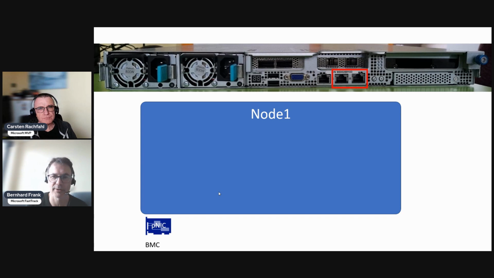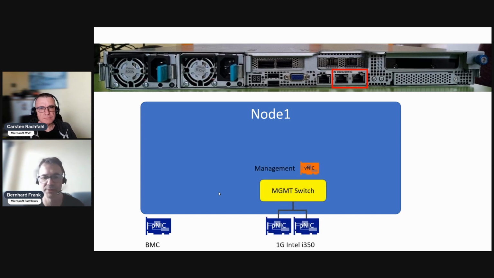Let's move to the other 2 ports here on the right, which are also 1 gigabit ports. There you have an Intel card for that. So that's just for the management traffic, as I understood, right? And the nice thing about it is, for redundancy reasons, you are putting these two together. Yes, the management network is very important in Azure Stack HCI.